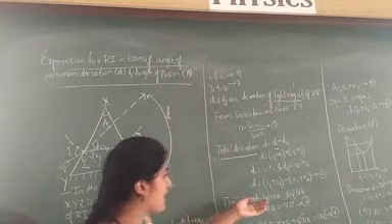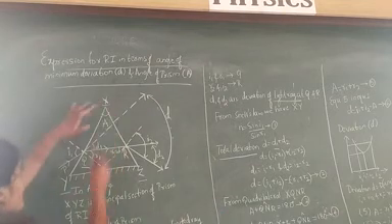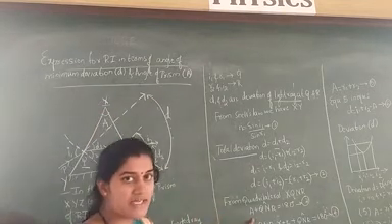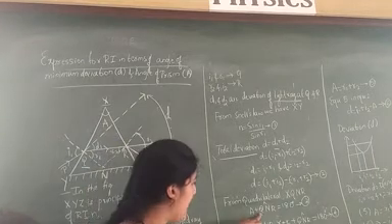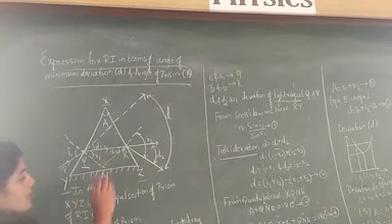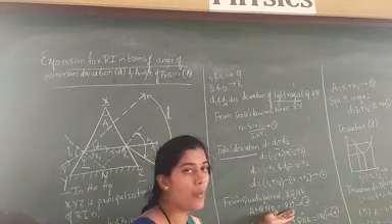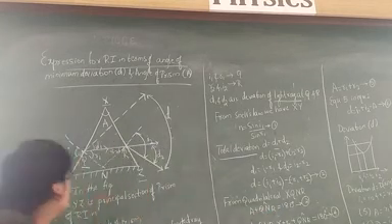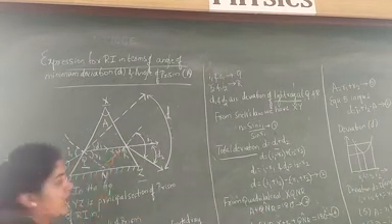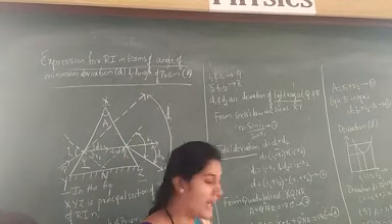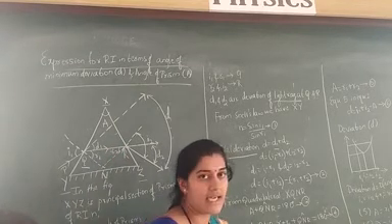Next from the quadrilateral XQR, we are getting A, the angle of the prism, plus angle QR should be equal to 180 degrees. Consider it as equation 3. Next from the triangle QR, R1 plus R2 plus angle QR is equal to 180 degrees.